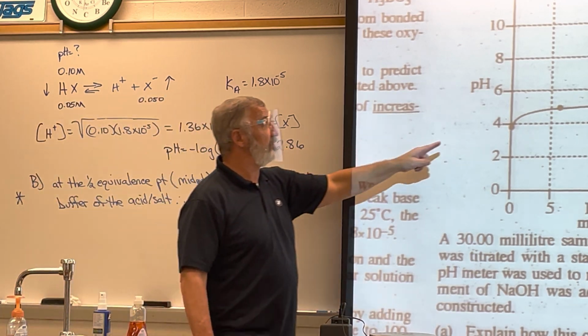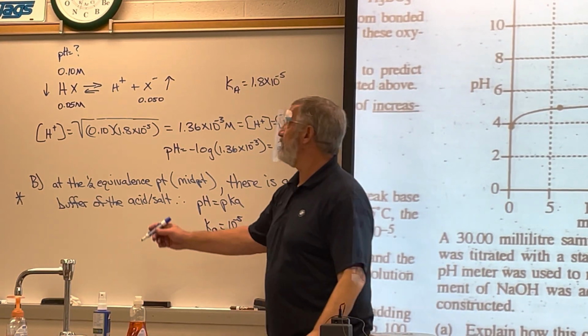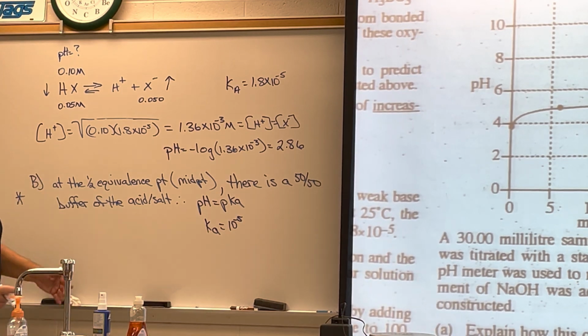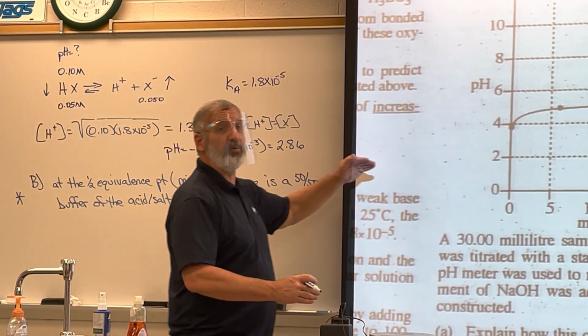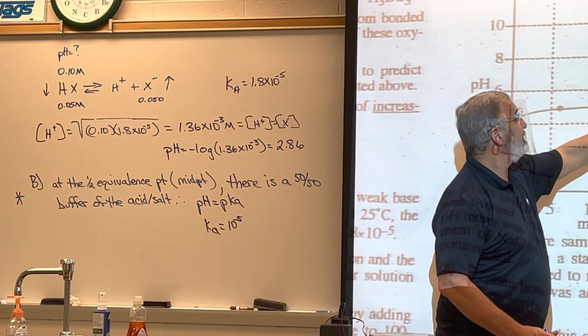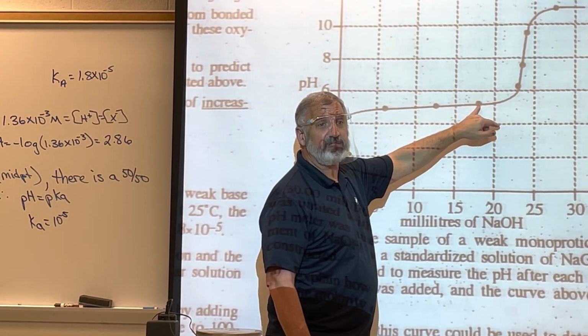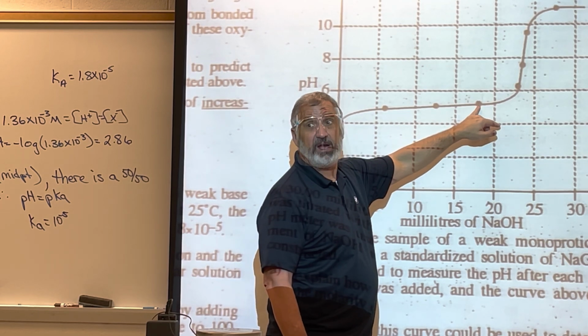At the midpoint, what's true about HX and X minus? They're the same. As we continue past the midpoint, now at this point, which one's greater? HX or H plus and X minus? X minus, right?